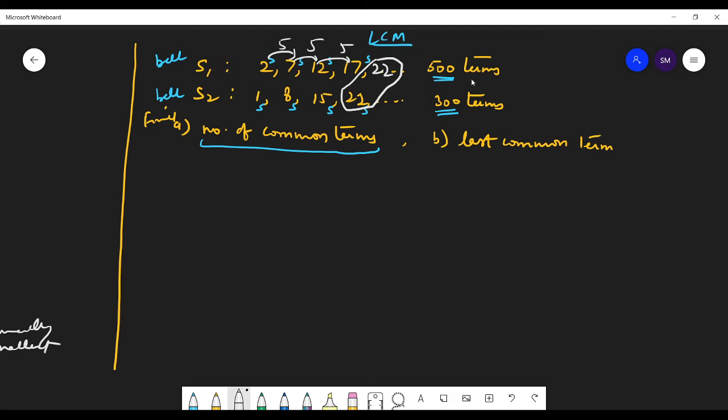So what will be the 500th term here, students? What will the 500th term in S1 be? T500, what will the last term be?